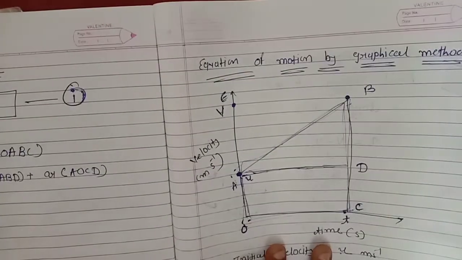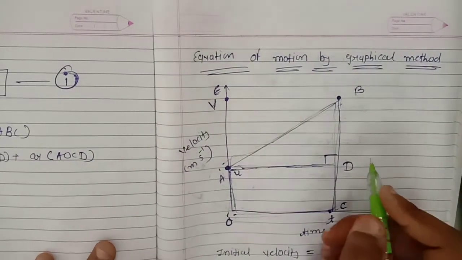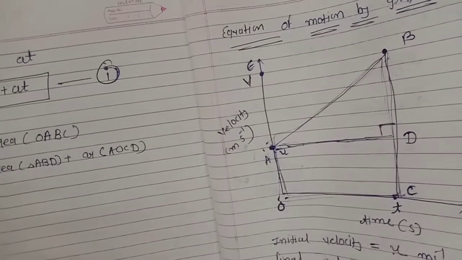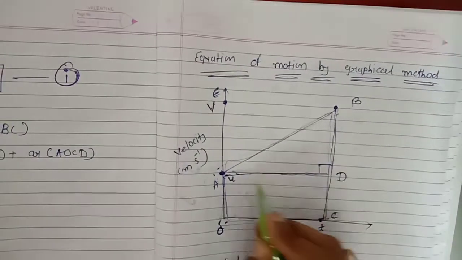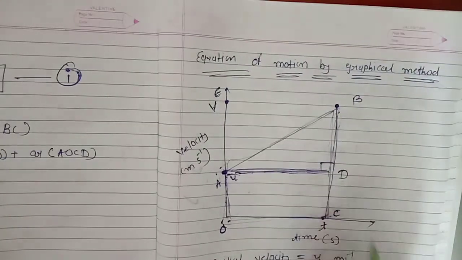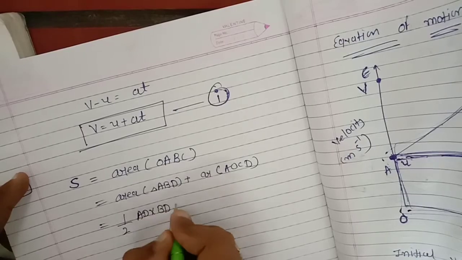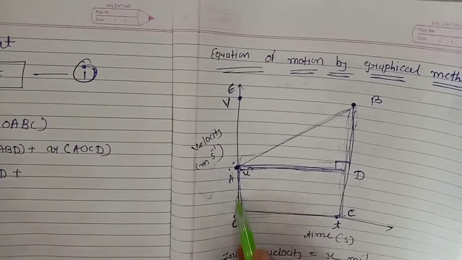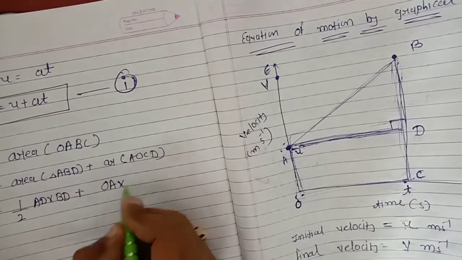This angle is 90 degrees, so this is a right angle triangle. For a right angle triangle the formula is 1/2 base into altitude. Base is AD and altitude is BD, so 1/2 AD into BD. For the rectangle, area is length into breadth, which means OA into OC.